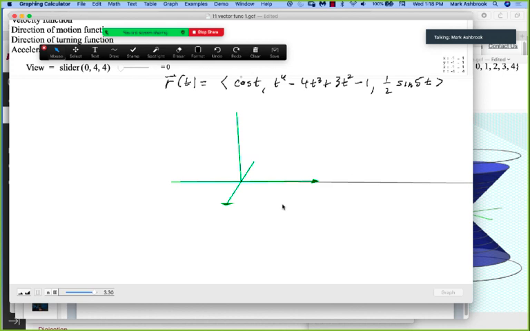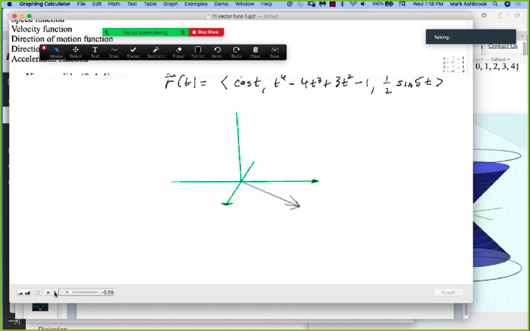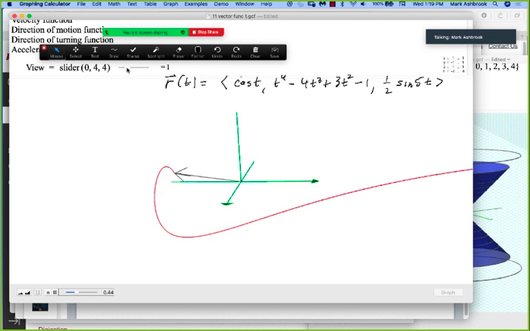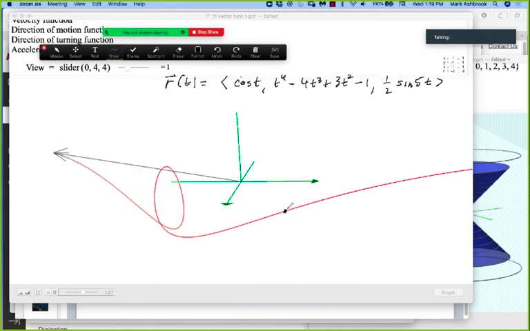So the tips sweep out a curve, and any given point on the curve has coordinates representing the components of the vector for some value of t.